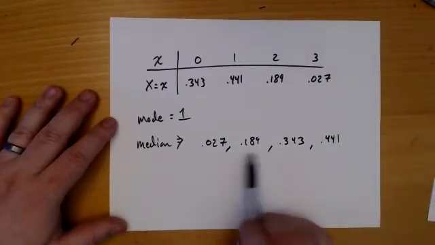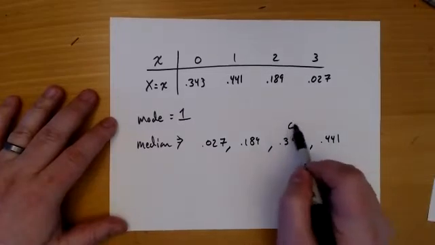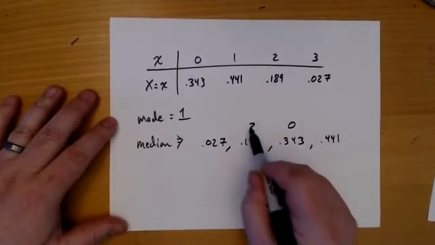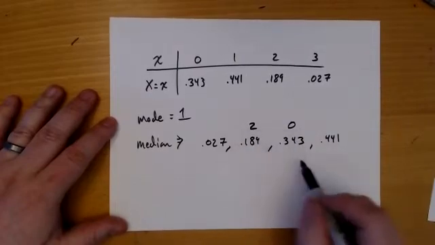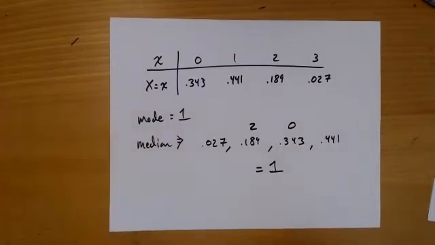And so my median is going to be the average between these two numbers, and they come from 0 and 2. So the average of 0 and 2 is 1.